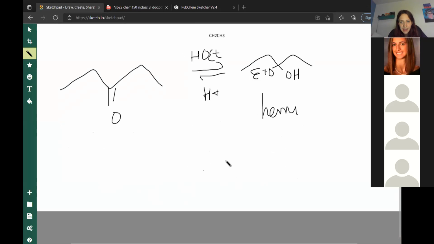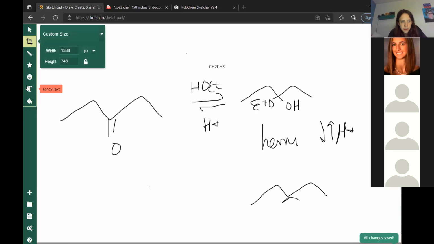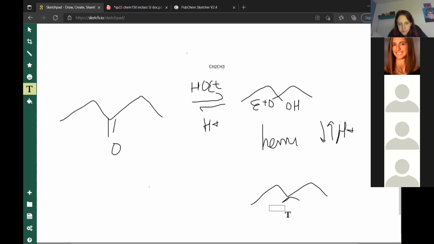Then when it is an acetal, you're going to be taking this molecule and keep it going with the acid. And you're going to get the OEt and OEt again.